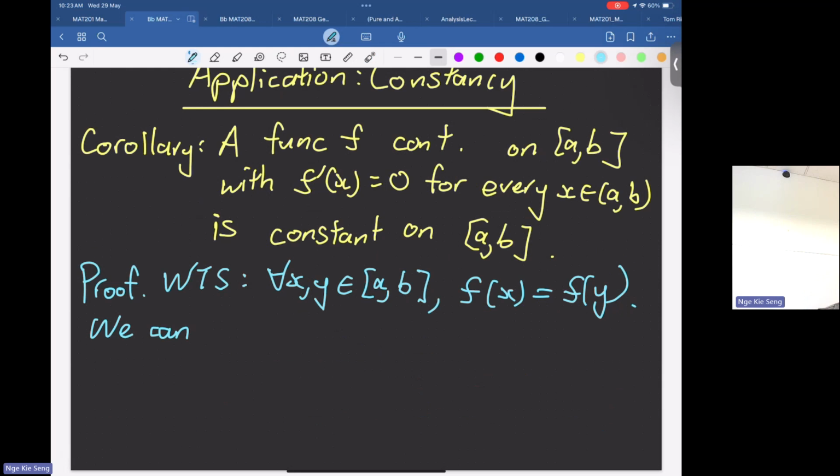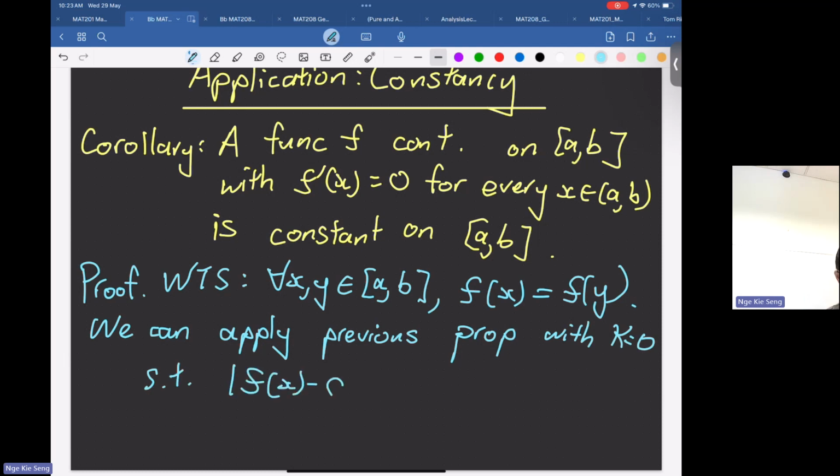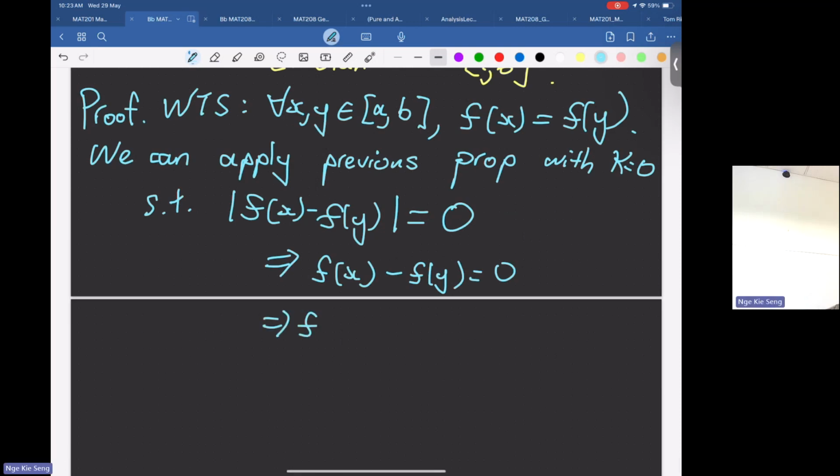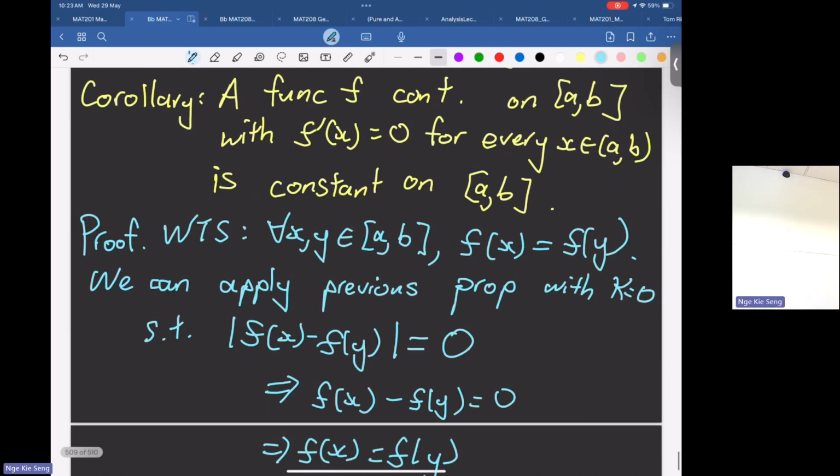We can apply the previous proposition with k equals 0, such that the absolute value of fx minus fy is equal to 0, which means fx minus fy is equal to 0. That is, fx equals fy. Okay. So that's why in high school they ask you to check whether this derivative is 0 or not.